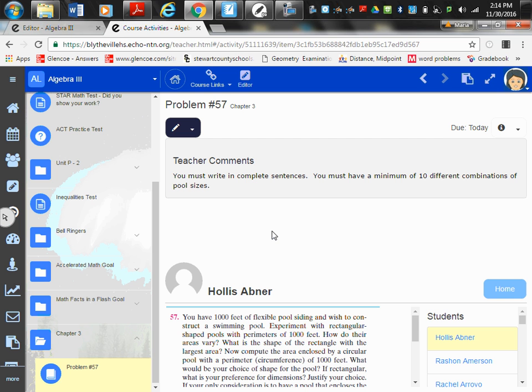All right, so you could have 1 and 1. So 1 would be your length and 998. So that would be one option you could have. You could have 2 and 996. Because I don't care what your 10 combinations are, but you have to have a perimeter of 1,000 feet.